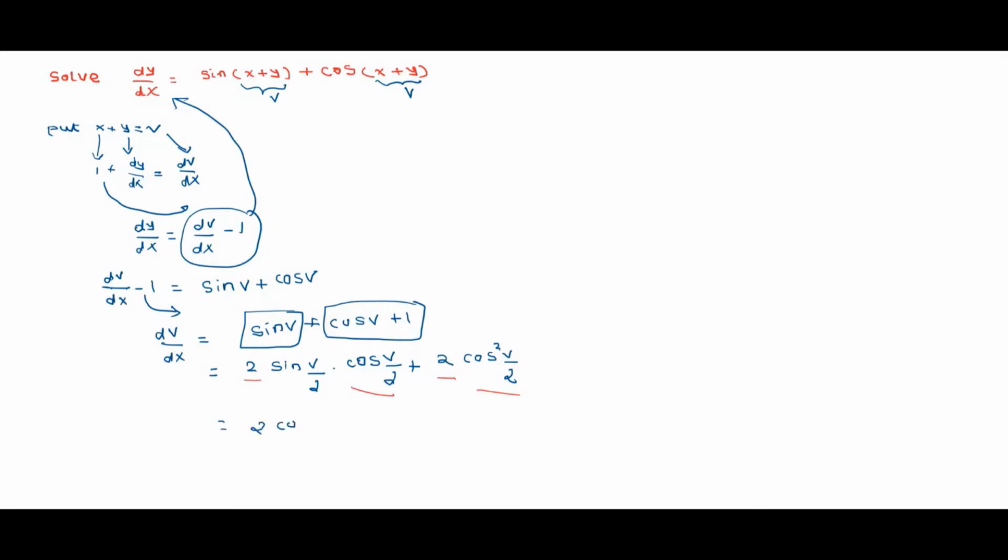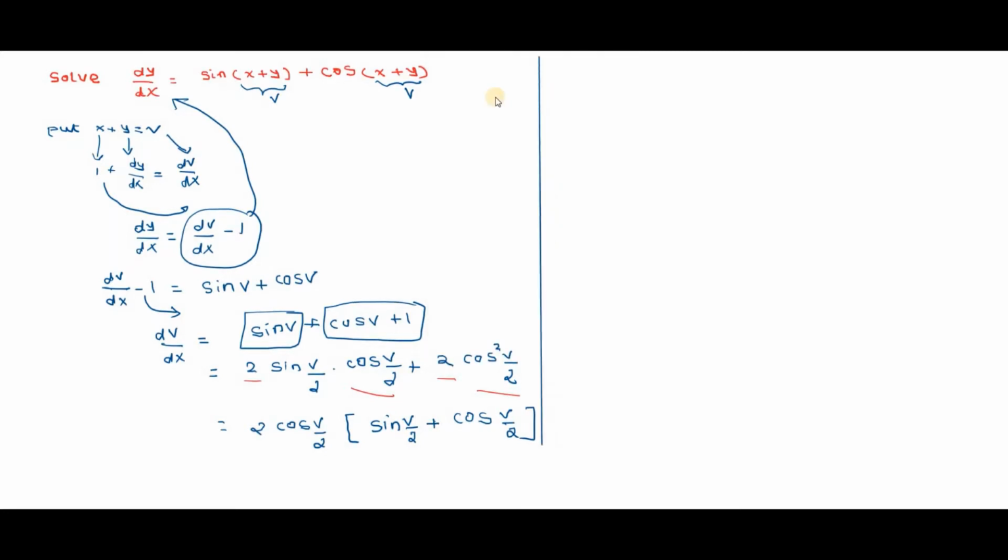2 into cos v by 2 is common, so here we are left with sin v by 2, and from the second term we are left with only cos v by 2. Now again you can take this cos v by 2 common.